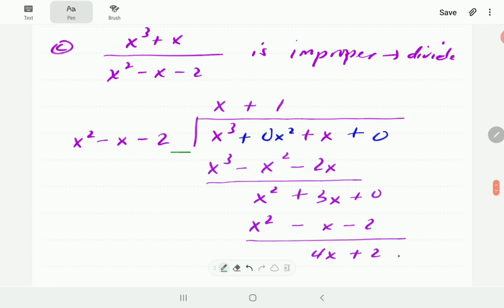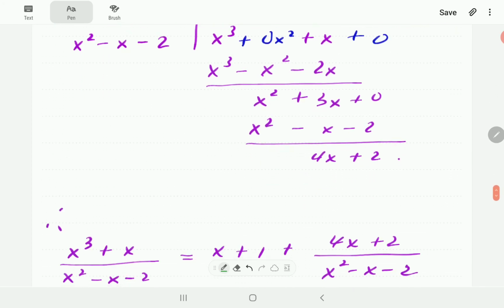So x squared goes into x cubed x times, and then multiply x into this, we get this, we subtract, it's going to give us x squared plus 3x, and then we bring down 0, and then x squared into x squared goes once, multiply 1 into this, and then we get that, then we subtract, that's going to give us 4x plus 2. This is now lower degree than this one, and this is now the remainder.